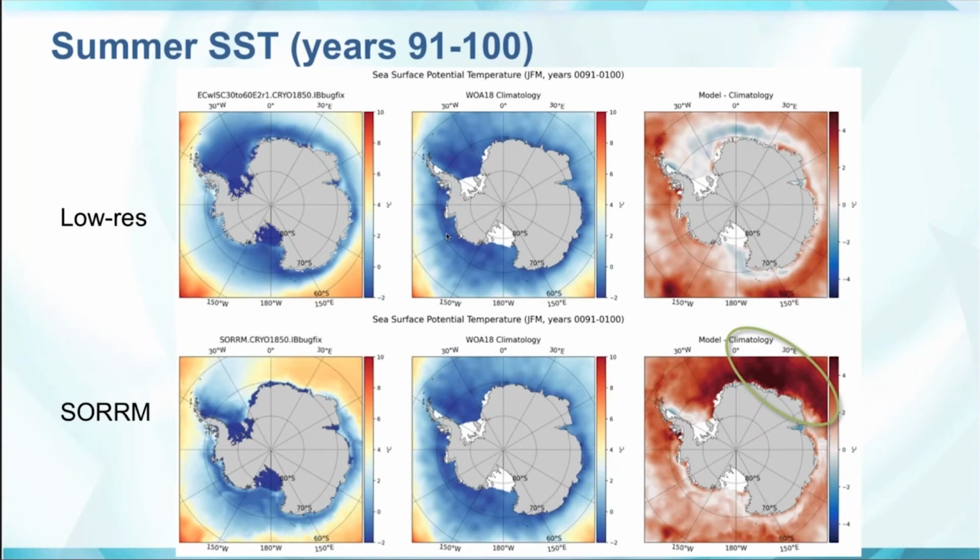And a second key problem that I want to point out in the SORM configuration is that the summer SST biases are getting very strong, in particular in this circled section of the ocean.